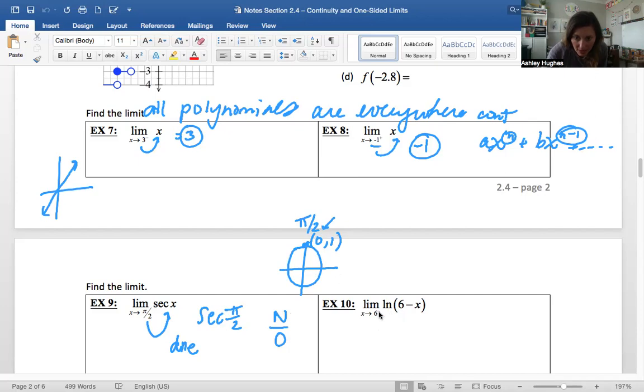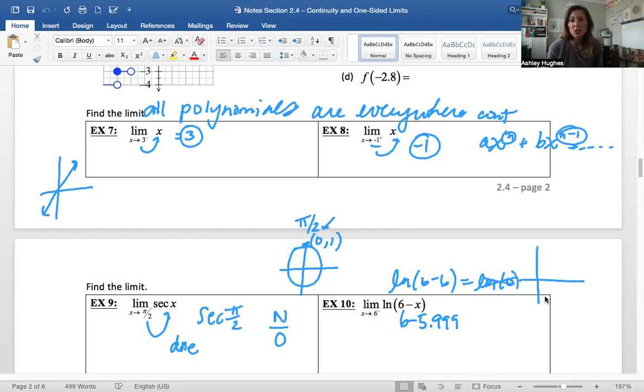6 from the left of 6. So something smaller than 6, like 5.9. If I plug in 6, let's just talk about that. 6 minus 6 would give us the natural log of 0, which is undefined because the natural log looks like this. As I get closer and closer to 0, it's going to negative infinity. So this number here would be a positive number very close to 0, so it's from the right side of 0.